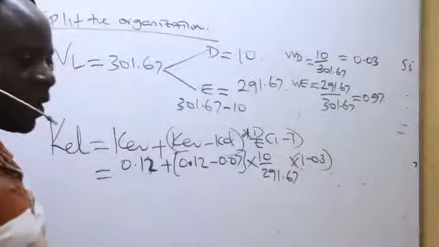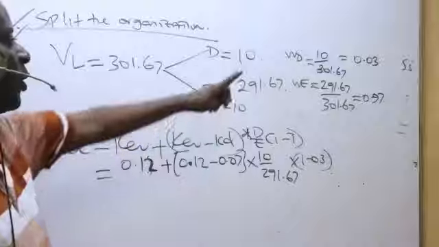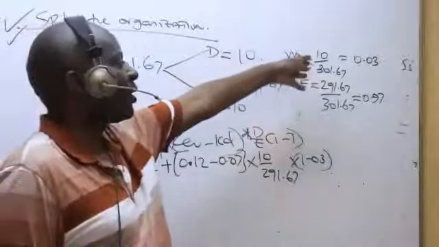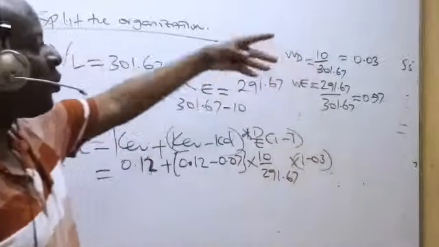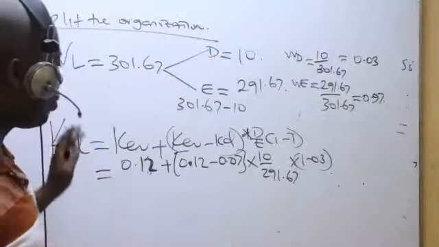The final answer is quite close to KU because the debt weight of 3% is almost zero, so you expect the KL to be almost the same as KU.